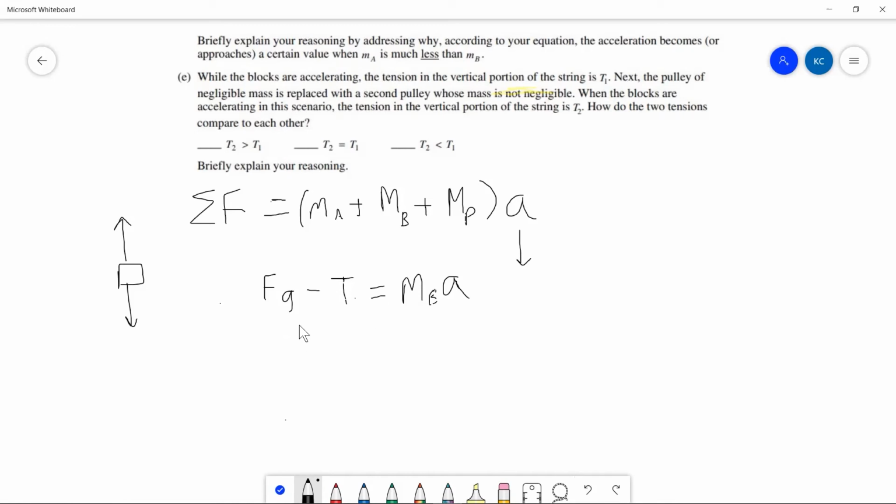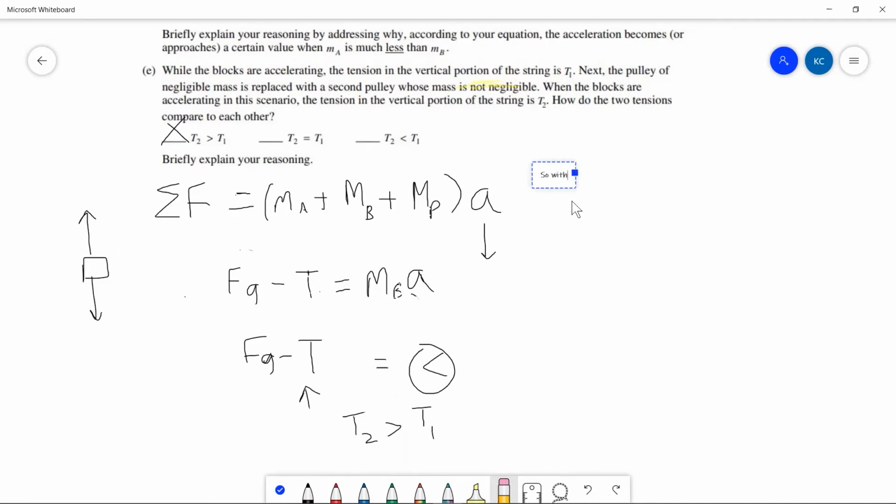Since T is changing, in order for F of g minus T to be smaller, T would have to be greater, or closer in value to F of g, so that when you subtract them, it results in a smaller number. That means T2 would be greater than T1. So let's cross this off as our answer and explain in paragraph form.